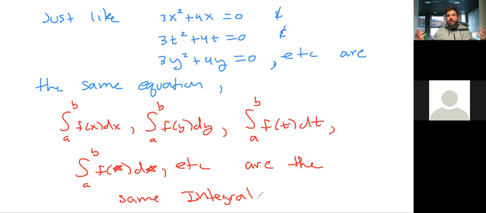So the letter is immaterial provided the context says it is. Does anybody have a question about this?